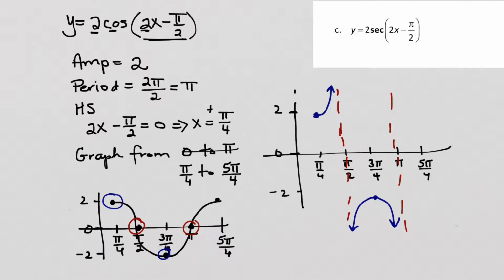That's kind of a terrible graph, but it's hard to graph on this screen here. And 5 pi over 4 comma 2 again. And, oops, let's try that again. There we go. So there's our graph. There's one cycle of the graph of secant of the quantity 2x minus pi over 2.